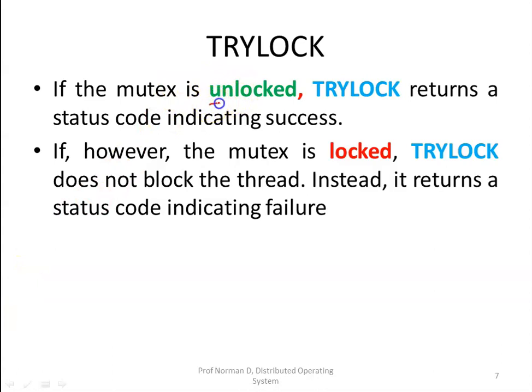If the mutex is unlocked, then the try lock will return a status code indicating success. However, if the mutex is locked, then the try lock does not block the thread, but instead it will return a status which indicates failure.